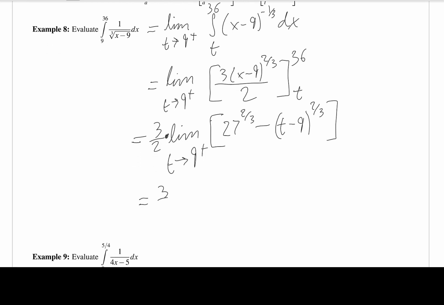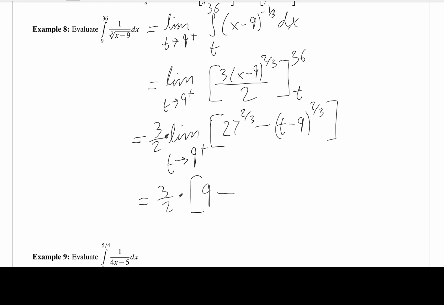So this is going to be 3/2 times, okay, so 27 to the 2/3, there's no t there, so I don't have to worry about my limit. This is going to be the cube root of 27 squared. Well, the cube root of 27 is 3, and then 3 squared will give us 9.